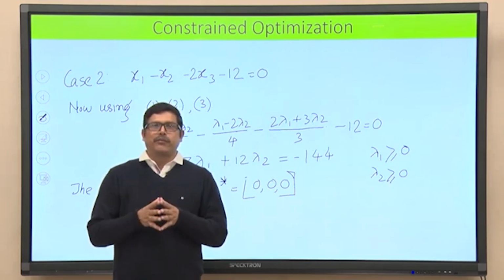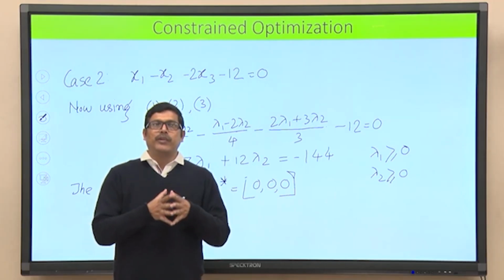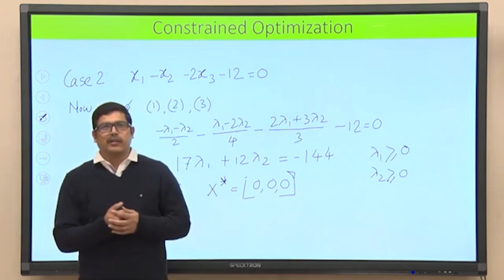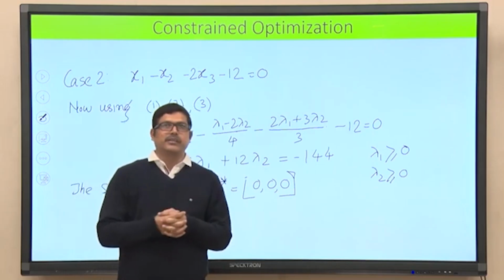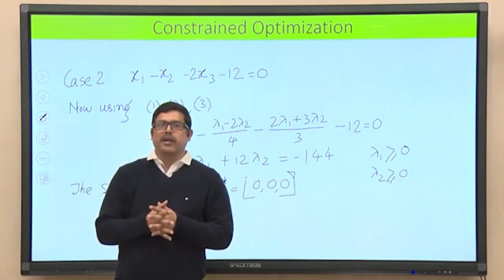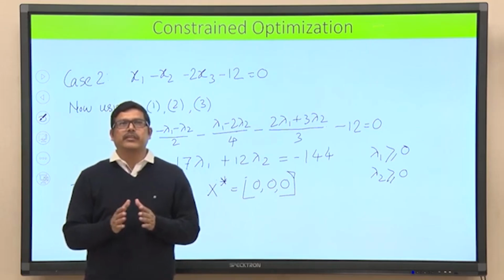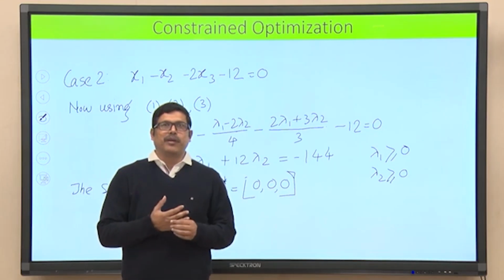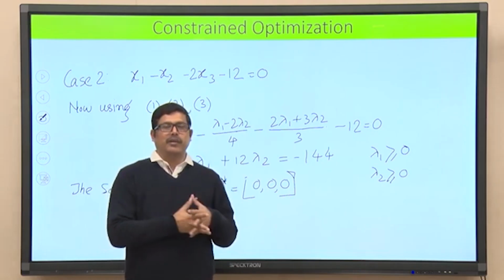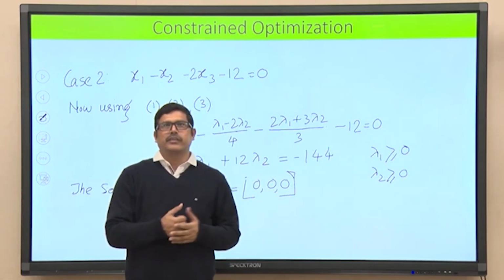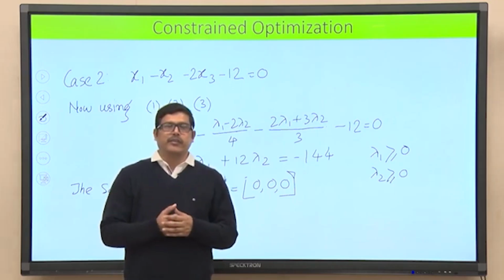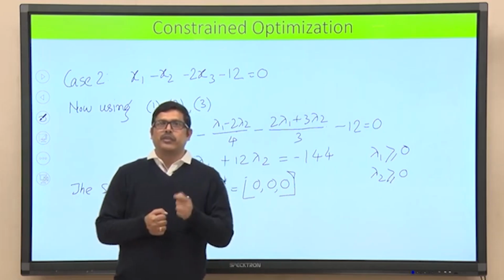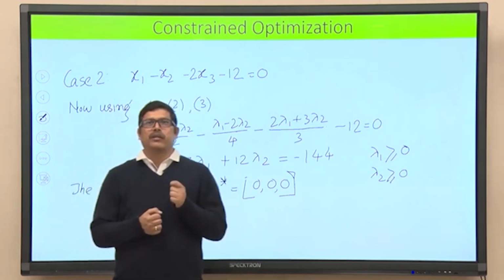Today we have discussed the problem with inequality constraint, and we get the Kuhn-Tucker conditions, but these are necessary conditions, not sufficient conditions of optimality. But for the convex problem, these conditions are sufficient and necessary for global optima. So, you will get the global optimal solution if the solution satisfies the Kuhn-Tucker condition.